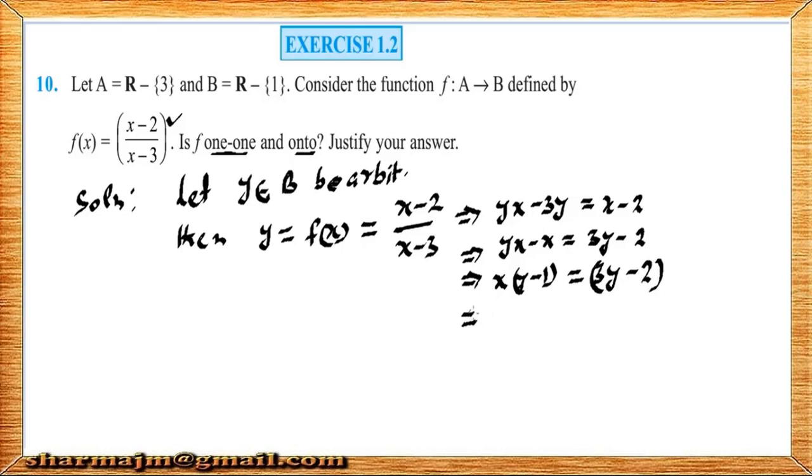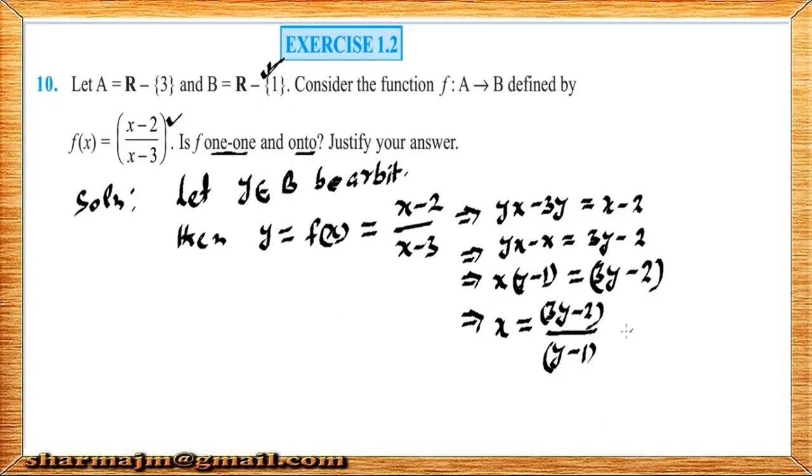So here x is equal to (3y minus 2) divided by (y minus 1). We can divide by y minus 1 because y minus 1 is non-zero. Here 1 is excluded, so y is not equal to 1.